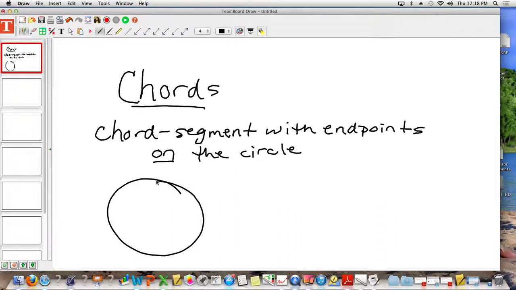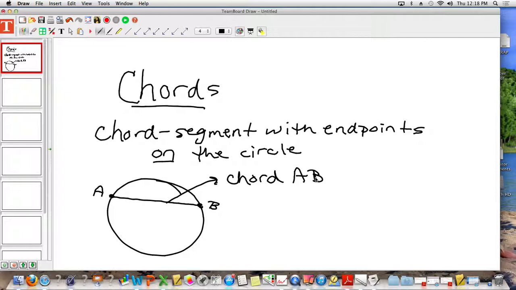So if you have a circle, and you put a point over here, and you put a point over here, points A and B, they're on the circle. You connect them. It's called a chord. So we call this chord AB.